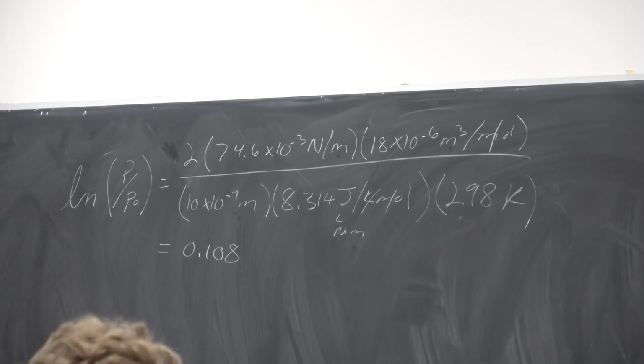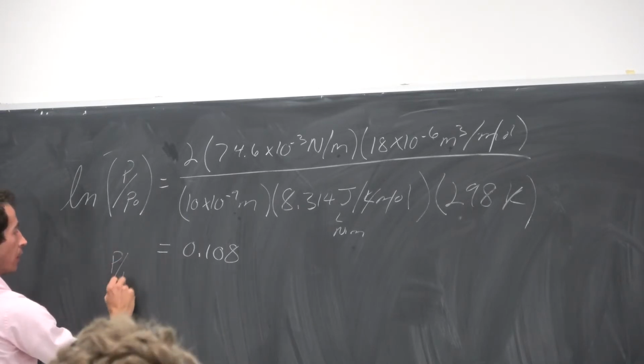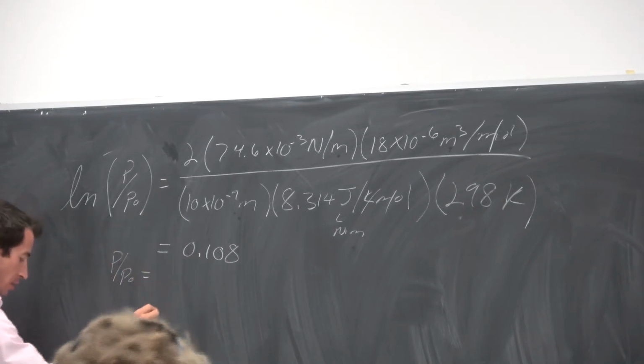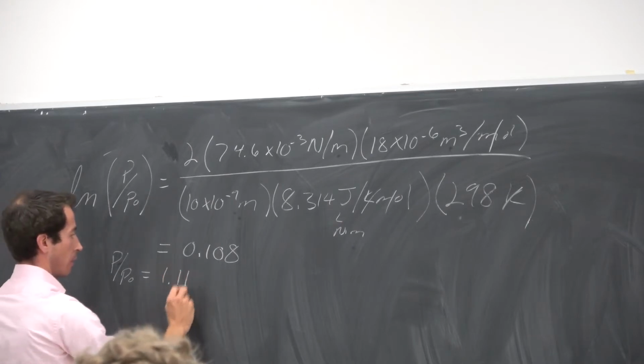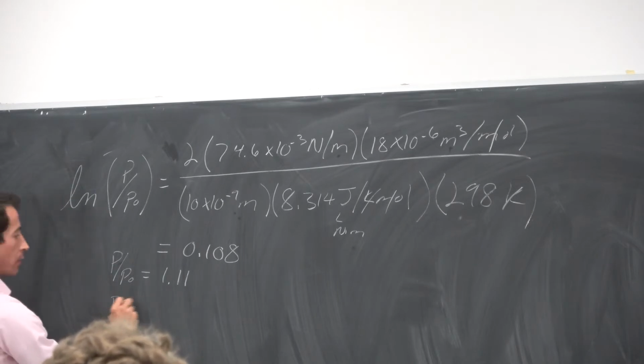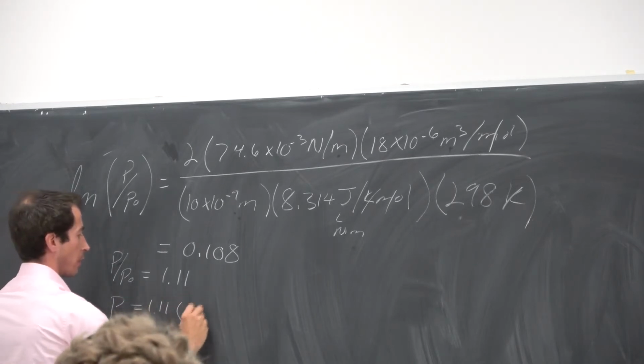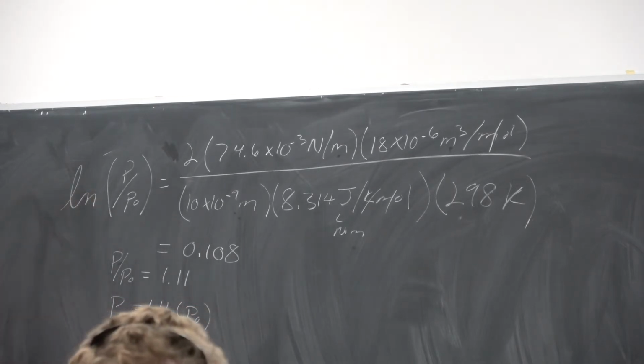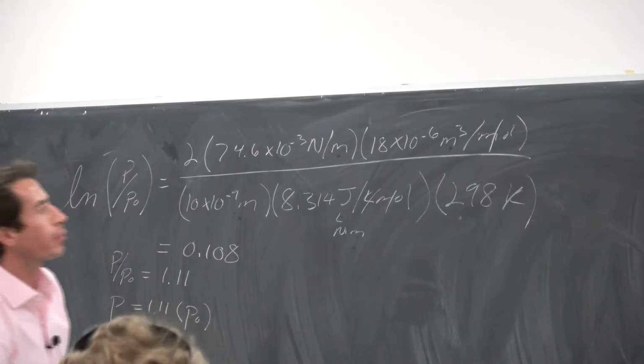And then if we take the exponent to get rid of that natural logarithm, P equals 1.11 times that. And we know that, what did I say, 0.0313?